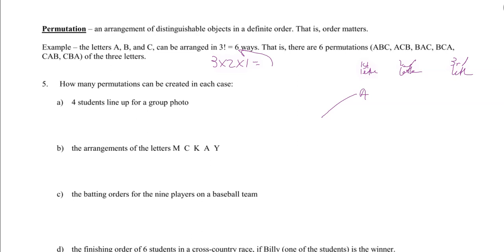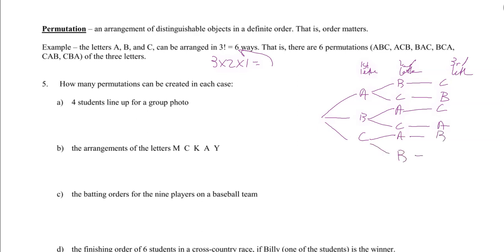My first letter could be an A, a B, or a C. If my first letter is an A, my second letter can be a B or a C. If I have an A and a B, then I have to have a C. If I have an A and a C, then I have to have a B. If I have a B, I can have an A or a C. If I have a C first, it could be an A or a B. If it's CA, it's got to be a B, and if it's CB, it's got to be an A.